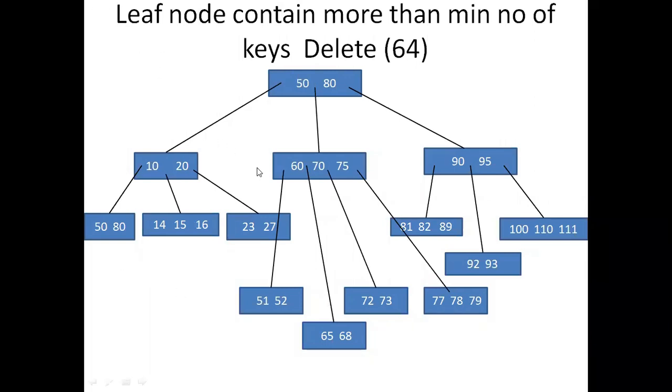Suppose from this given tree we want to delete the value 64. Now where is 64? Suppose 64 is given here.